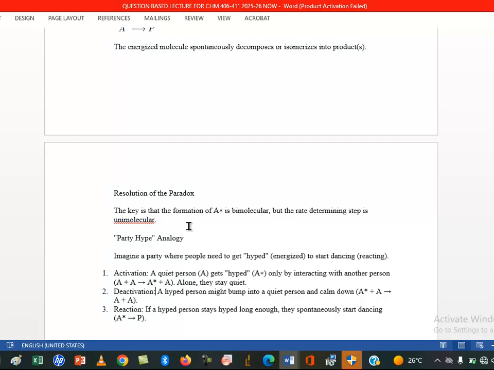But you can also have deactivation: a hyped person might bump into a quiet person and calm down. This can also happen in a party scenario. You can have somebody that will just dull your spirit. Then the third one, where it gives the product, is if a hyped person stays hyped long enough, they spontaneously start dancing. So then you have the formation of products. So that's the party hype analogy.